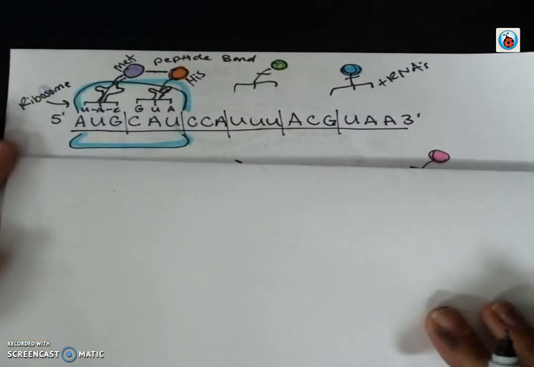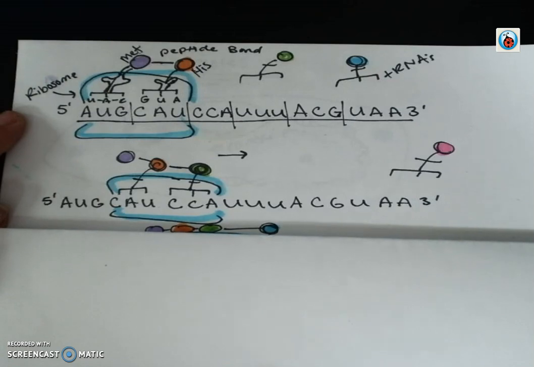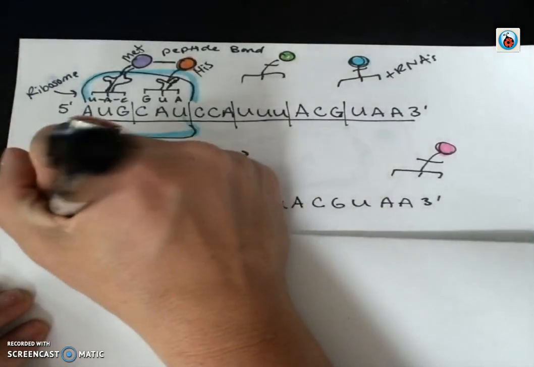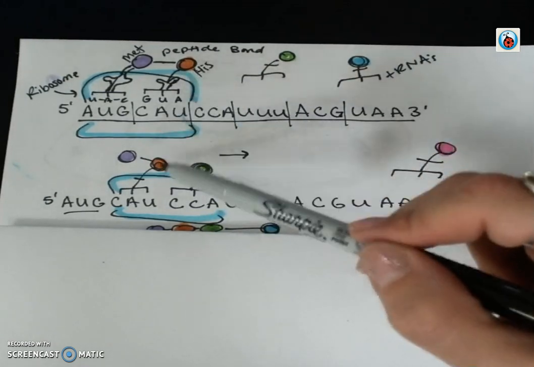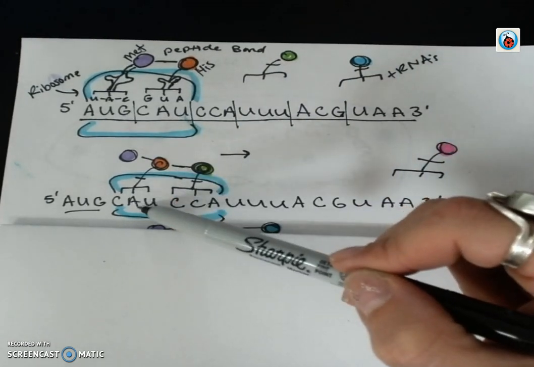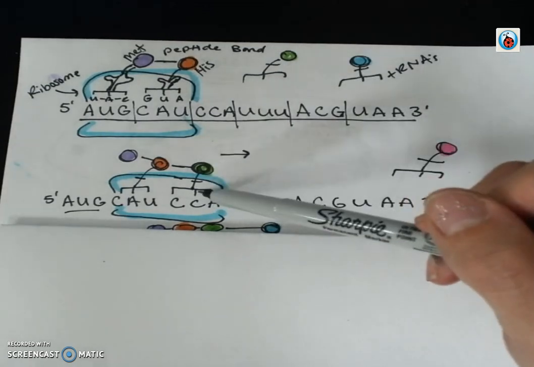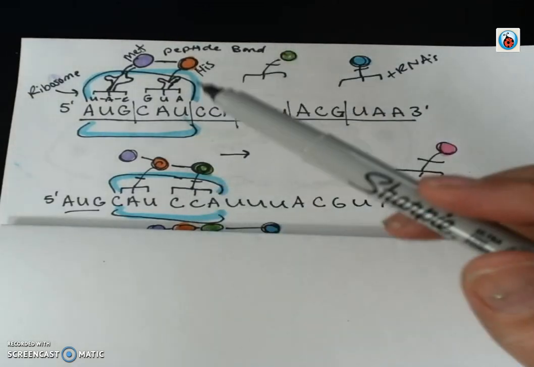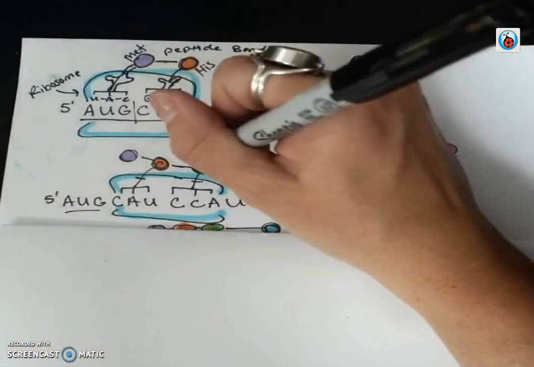Now, the ribosome is going to actually move down this messenger RNA. So AUG has already been used as a codon. Now this orange one that had histidine is here, and now this next codon, CCA, is where the next tRNA has arrived. Now I would use the genetic code, and CCA is going to be proline.